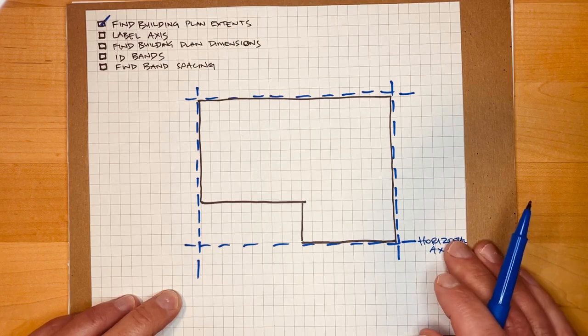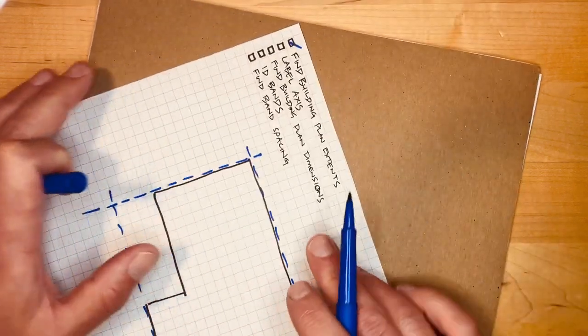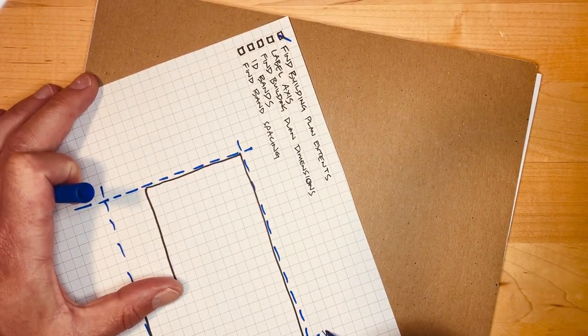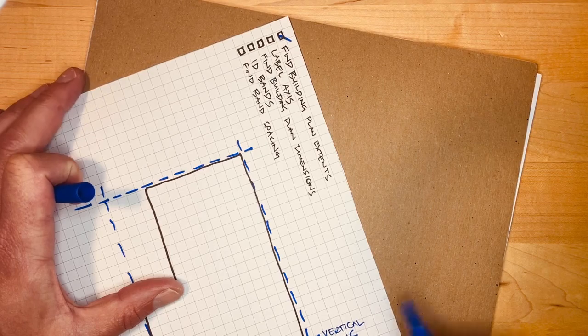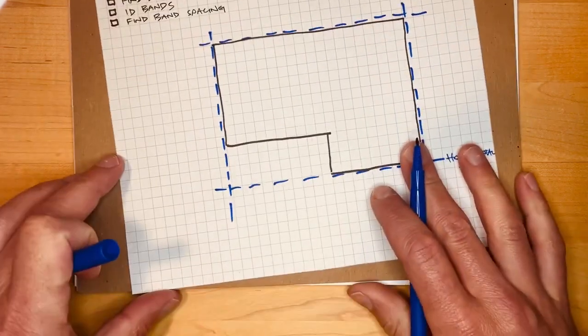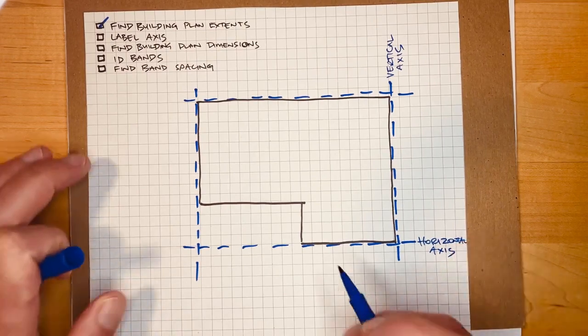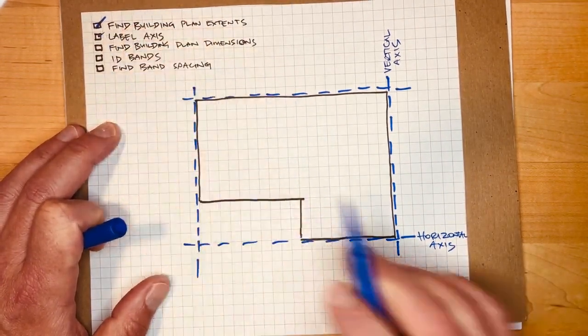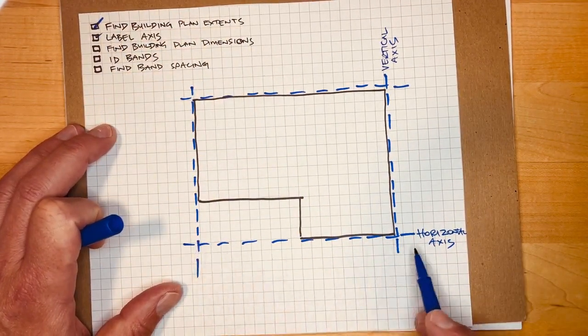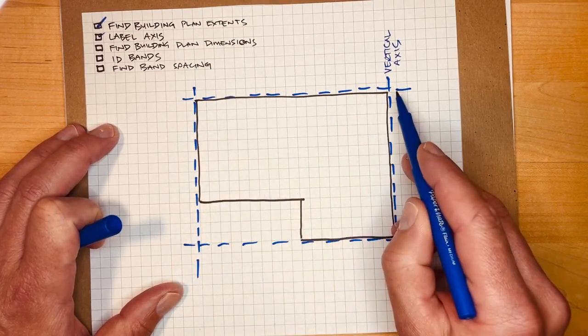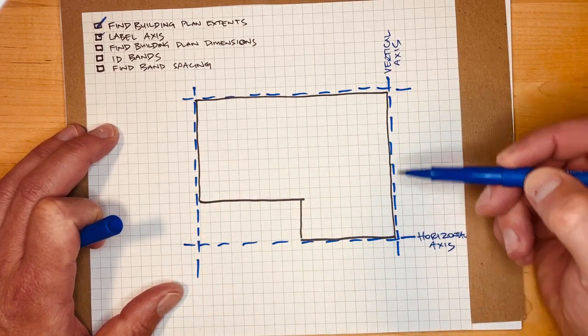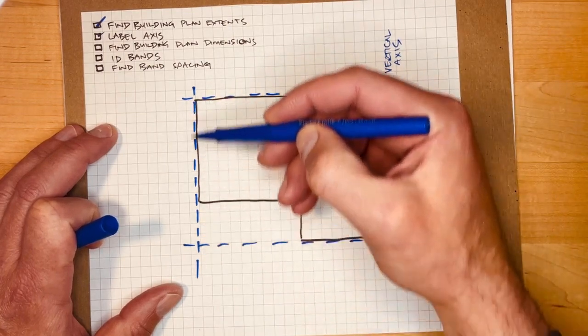And then the vertical axis would be this one. Something like that. So that would be labeling the axes. This would be a horizontal axis, and this would be a horizontal axis, and then this is vertical, and this is vertical.